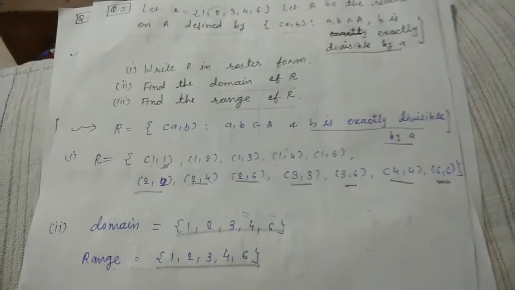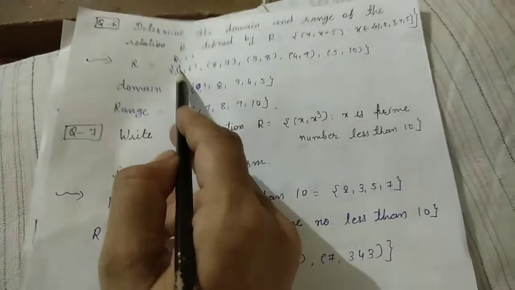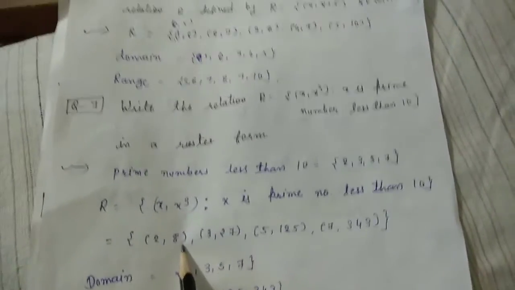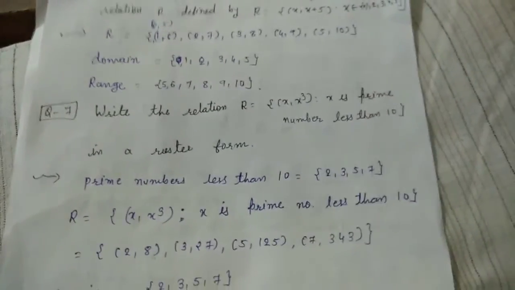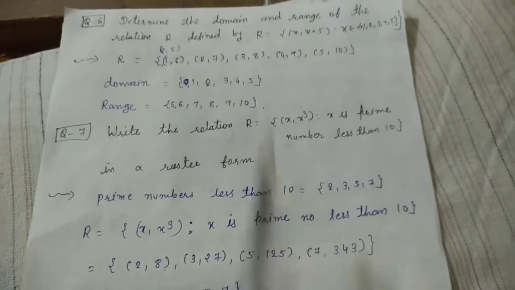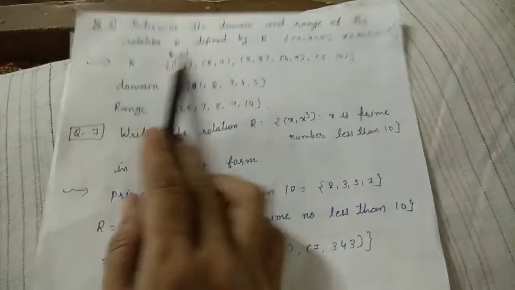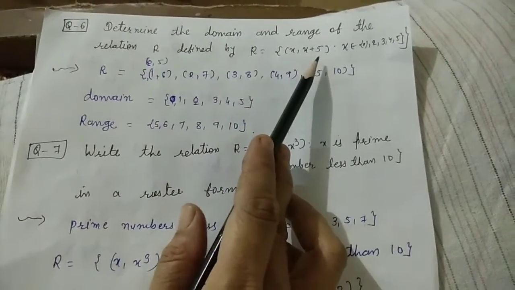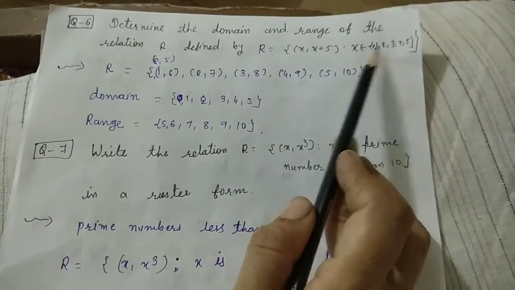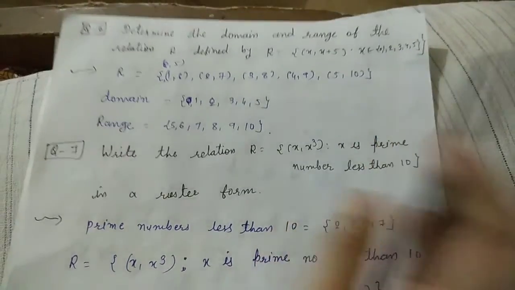Now let me see question number 6. Now here you have question number 6 and 7. These two questions 6 and 7 I am giving to you for the solution. Please do it by yourself. Easy questions, you will be able to do them. In 6, what do you have to find? The domain and the range of the relation defined by (x, x + 5), where x belongs to {0, 1, 2, 3, 4, 5}.